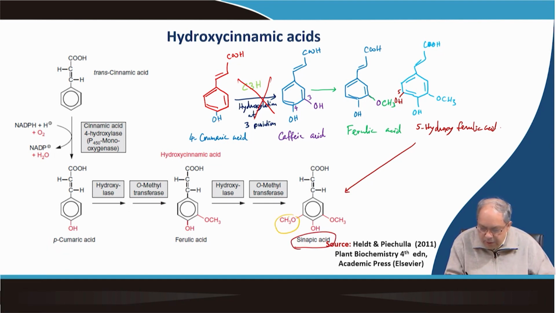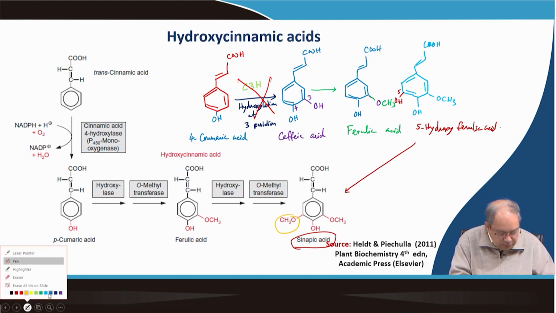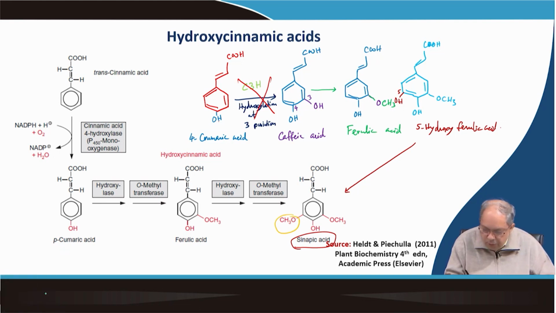At the 5 position it is now replaced with a methoxy group. This is the 5 position, this is the 6 position, and this is 1, 2, 3, 4. So this becomes sinapic acid. Again there will be a donor for this methyl group.